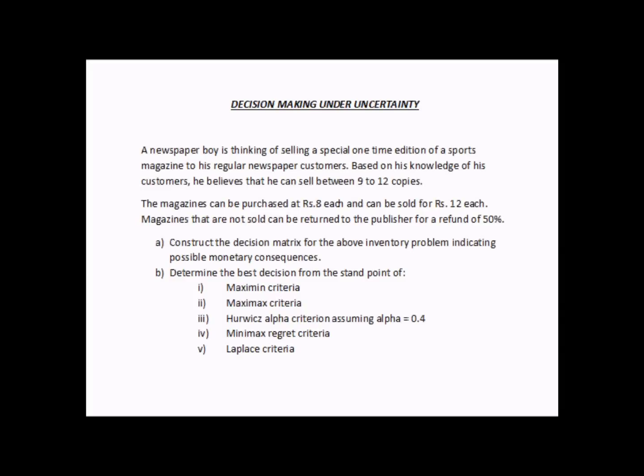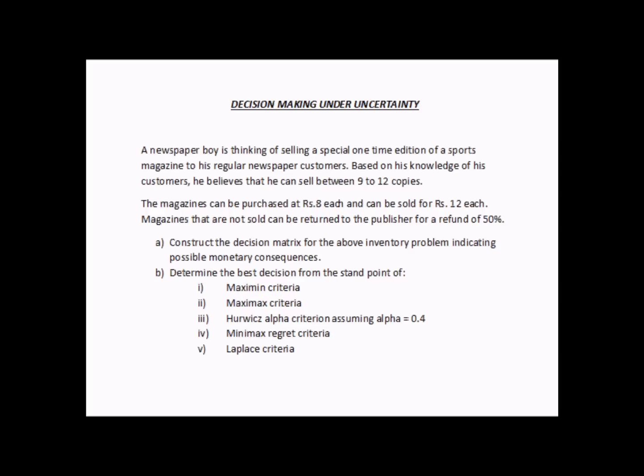A newspaper boy is thinking of selling a special one-time edition of a sports magazine to his regular newspaper customers. So there is a newspaper boy who regularly sells newspapers to a set of customers that he has.